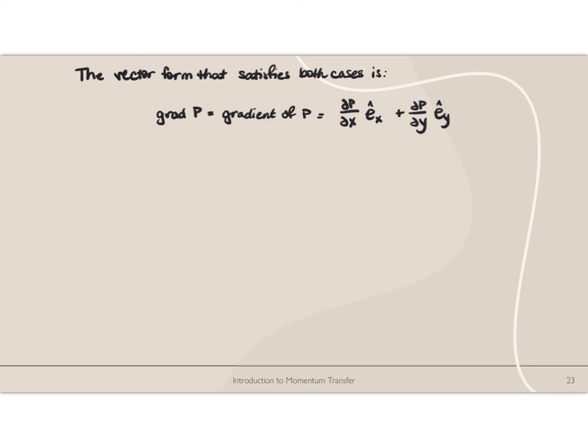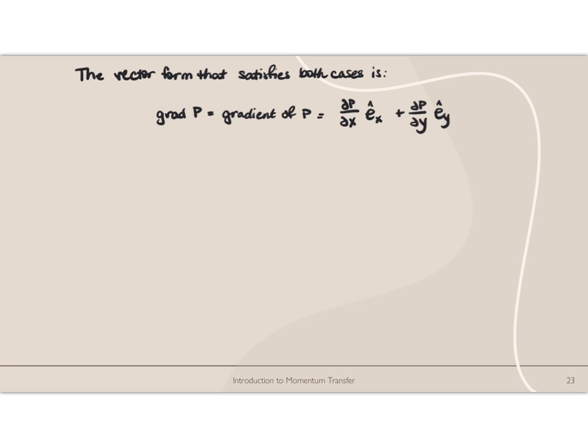The vector form that's going to satisfy both of the two cases we looked at is that the gradient of P, or sometimes we write that as grad of P, is the directional derivative in the x direction times the unit vector in the x direction plus the directional derivative in the y direction times the unit vector in the y direction.